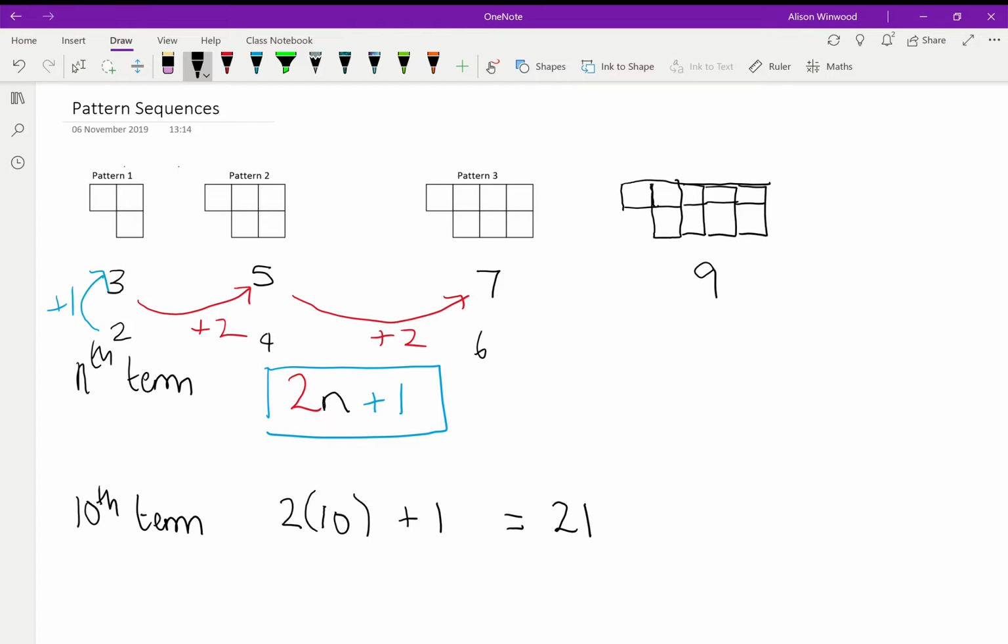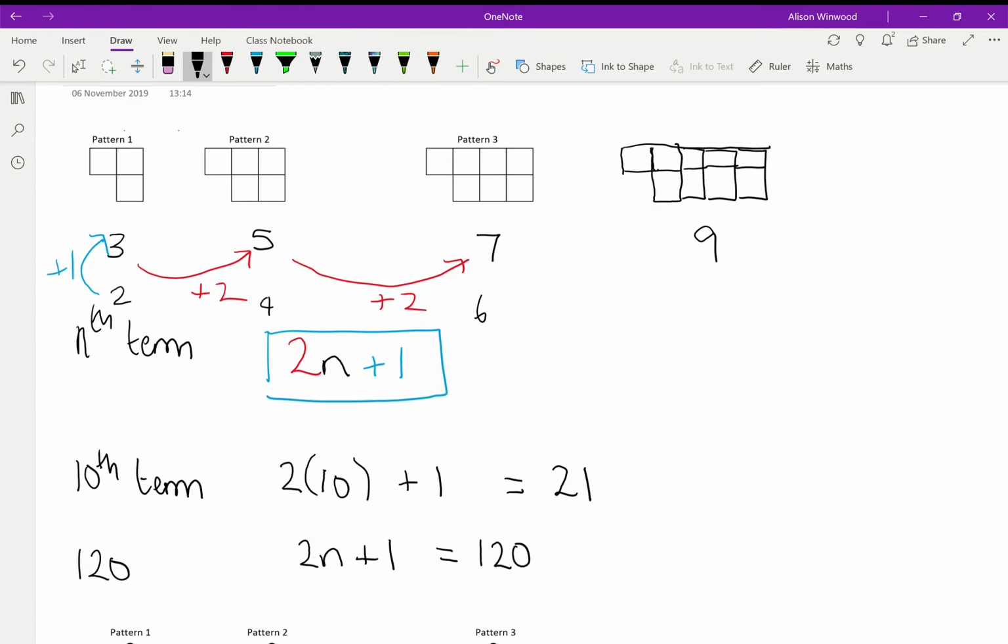The final thing we're going to see is whether one of the terms is 120. So our formula is 2n plus 1, and we're going to see, can that equal 120? So we're going to solve this equation.